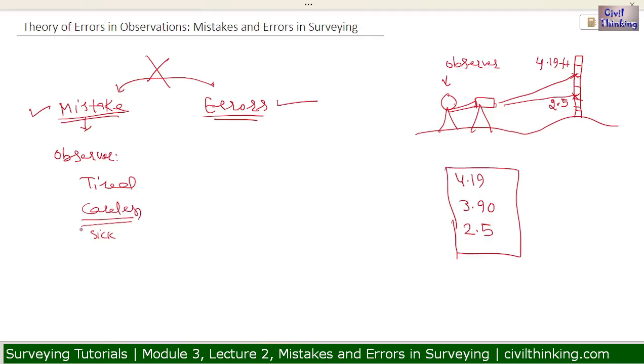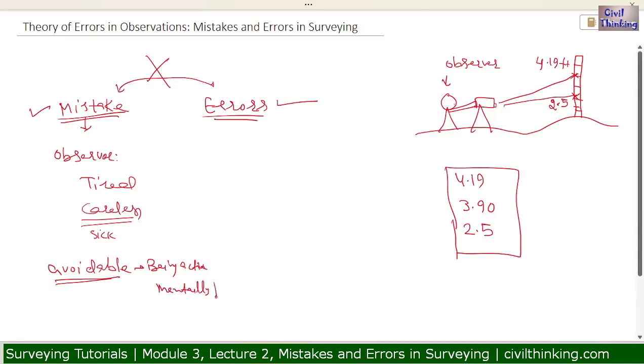So these mistakes are avoidable. How do we avoid them? By being active, being mentally present.